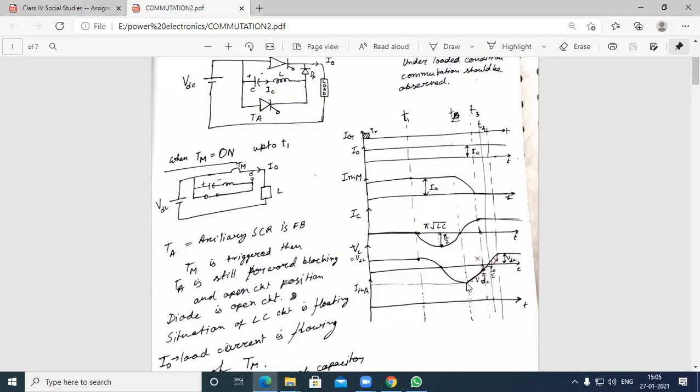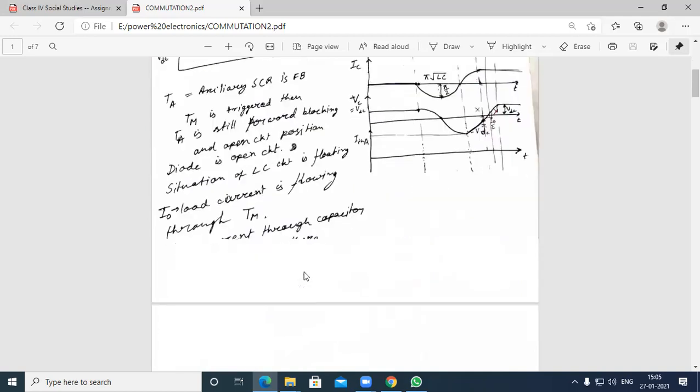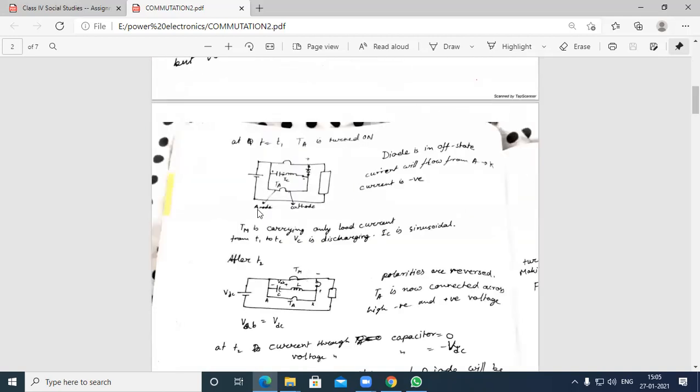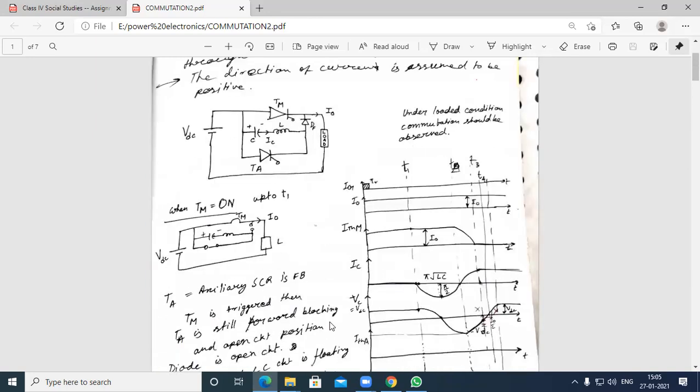The auxiliary thyristor will then become an open switch, and the diode will now be short circuited, and the circuit will be like this. So the diode will be short circuited. So the sinusoidal behavior of current is fulfilled by the diode.